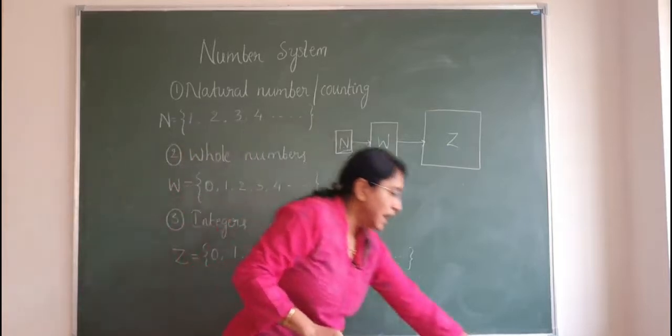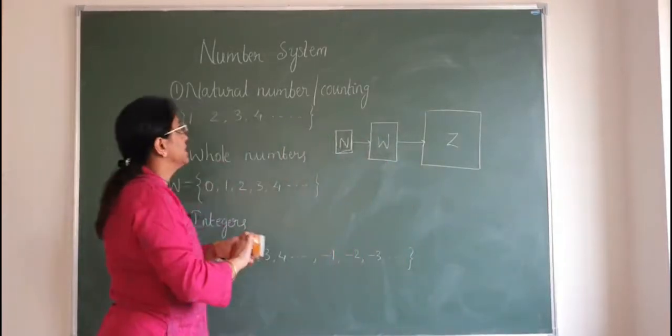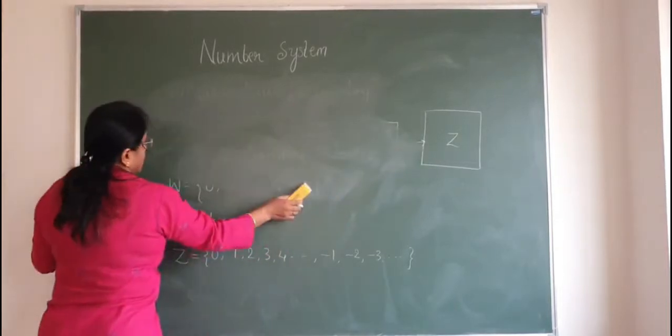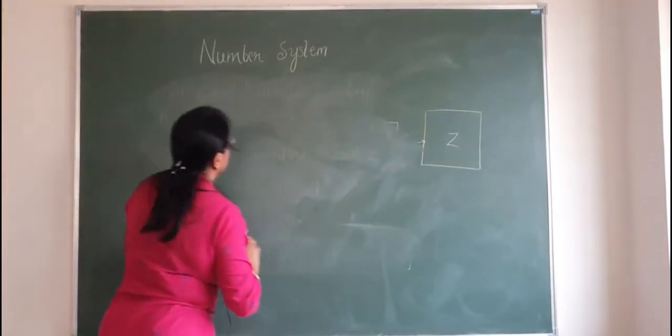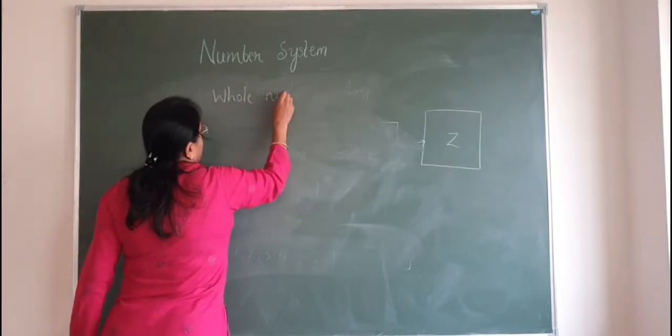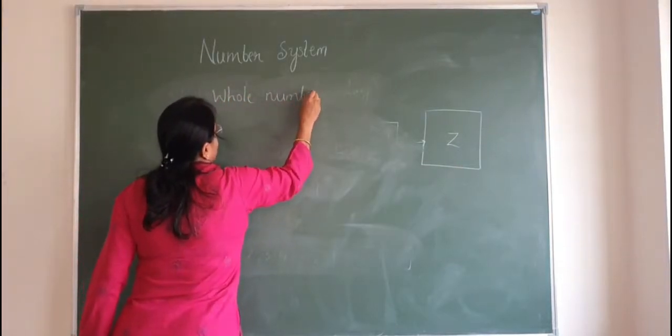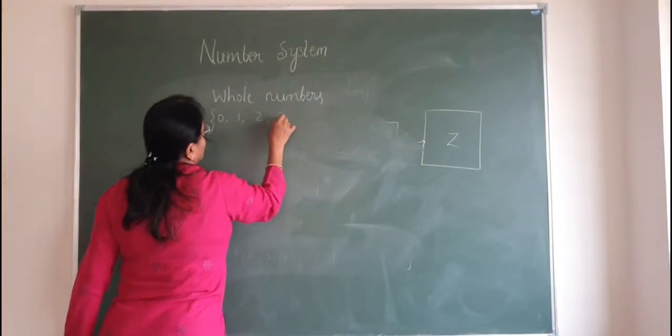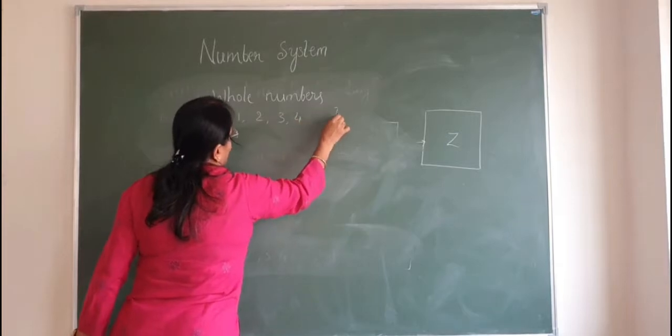Then again, in whole numbers we can subdivide. As you know, whole numbers are 0, 1, 2, 3, 4 and so on.